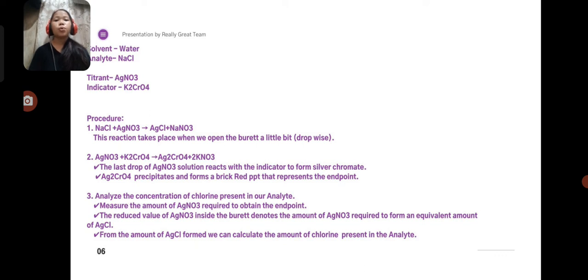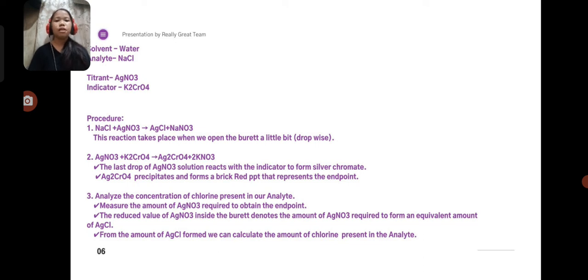The Ag2CrO4 precipitates and forms a brick red precipitate that represents the endpoint. Notice that it takes two reactions to form the brick red that represents the endpoint, while in Volhard's it takes 3 reactions to reach the endpoint.